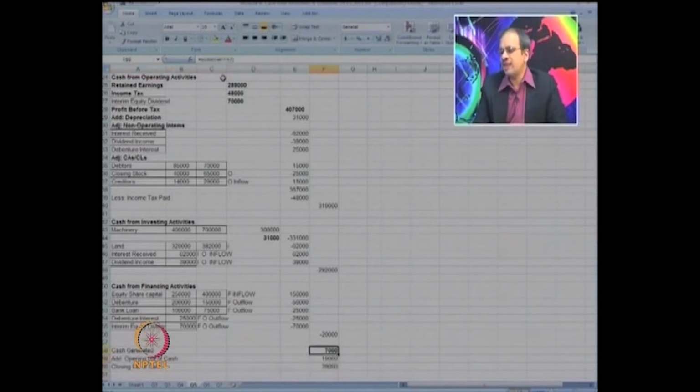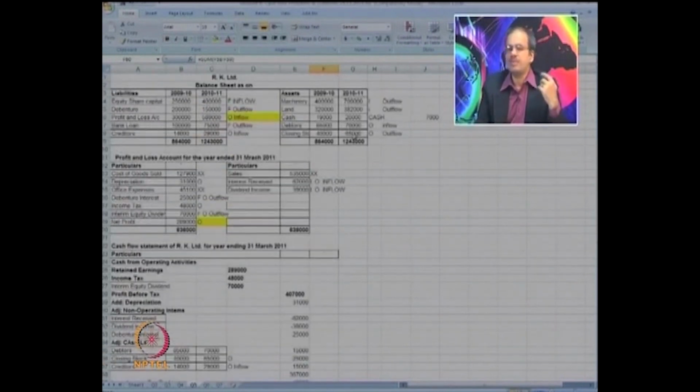So, the closing balance of cash is 7 plus 19, 26, and that is the correct amount as per the balance sheet. I hope everyone is getting clear.